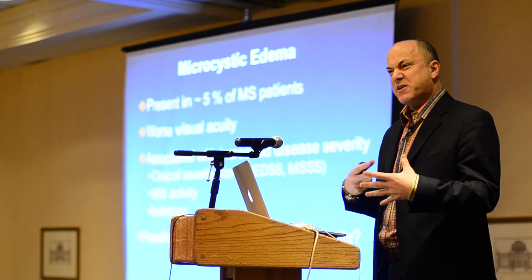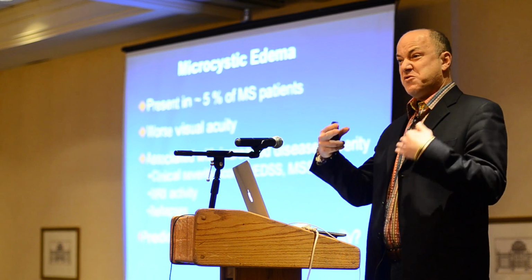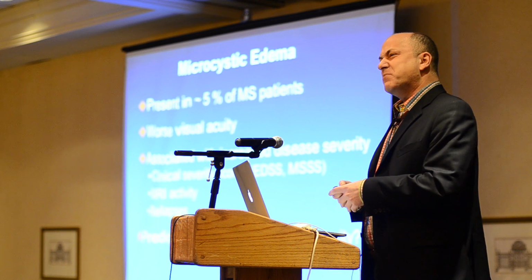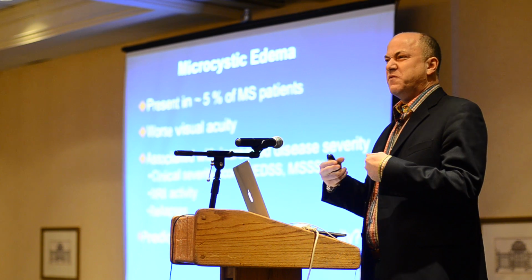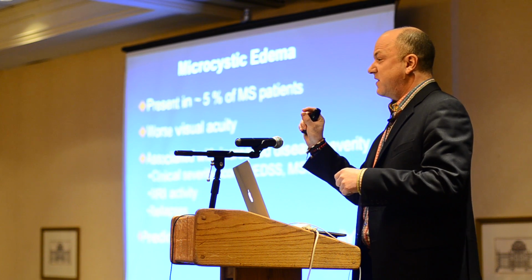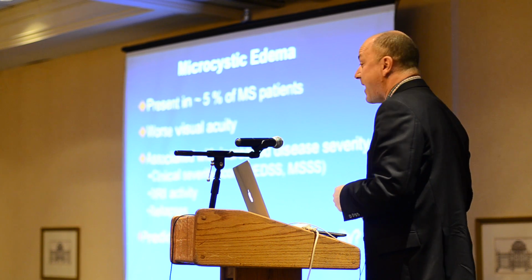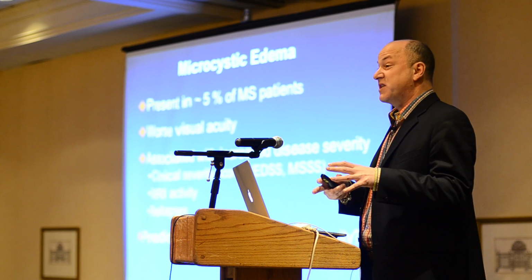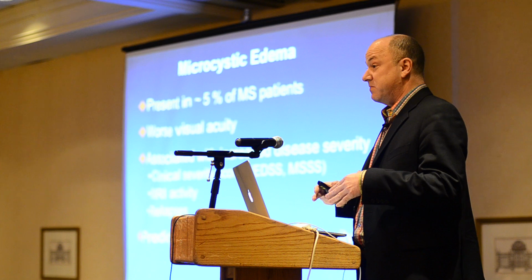Because when you have the microcyst, you have worse vision, you have higher disease activity, but we also noticed that in the people who had these microcysts, before the fluid developed we could see a little bit of thickening in that region. And so perhaps if we see that thickening develop in some people, we may be able to gauge that the disease is revving up.